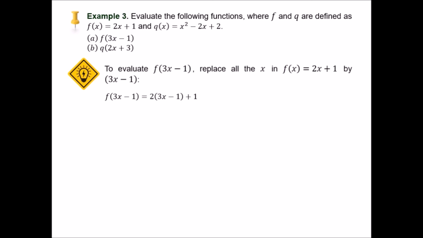To simplify, we need to distribute 2 to the expression 3x minus 1, resulting in 2 times 3x, which gives us 6x, and 2 times negative 1, which gives us negative 2. Simplifying further, we have negative 2 plus 1, that gives us negative 1, and our final answer would be 6x minus 1.